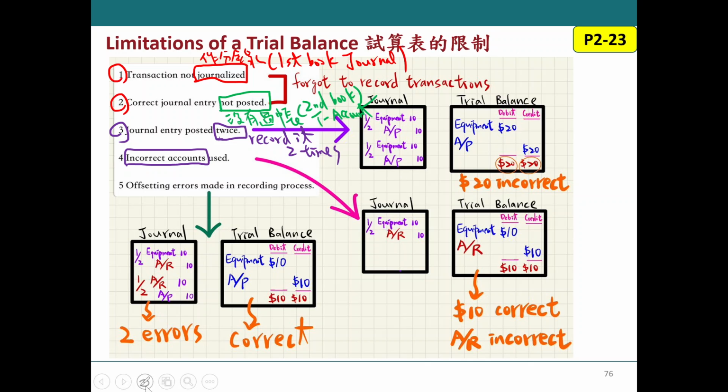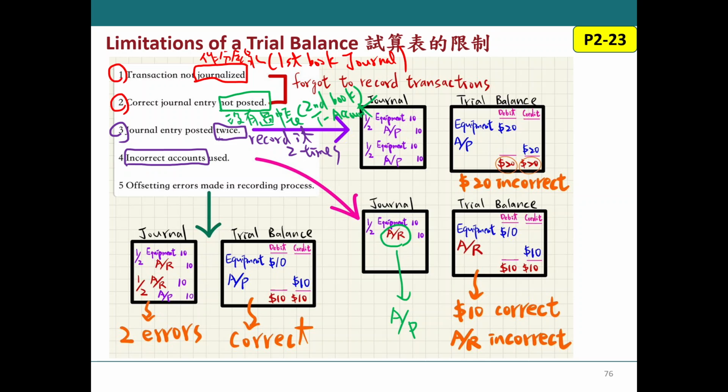So for me, I know, okay, this one is not correct. Maybe the correct one should be accounts payable. But did you find out? Here, I just want to tell you, even though total debit equals total credit, it doesn't mean 100% correct. Because total debit equals total credit, but you got the wrong account.